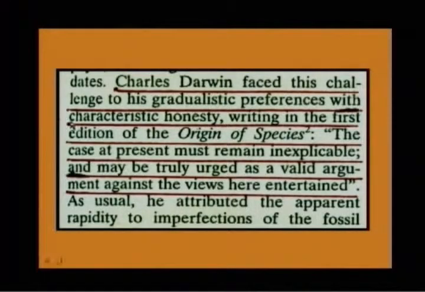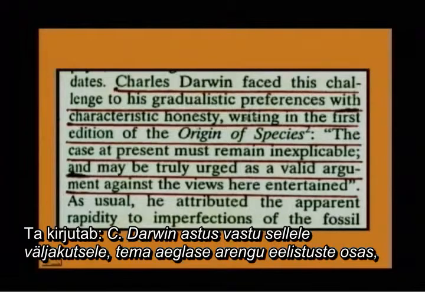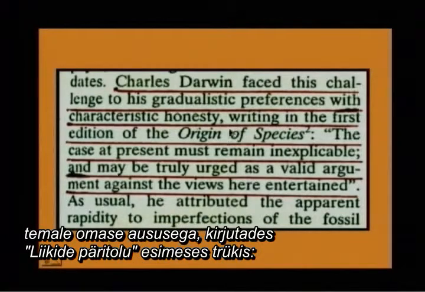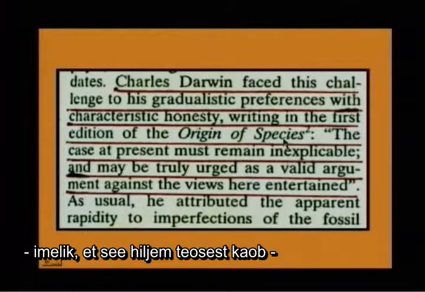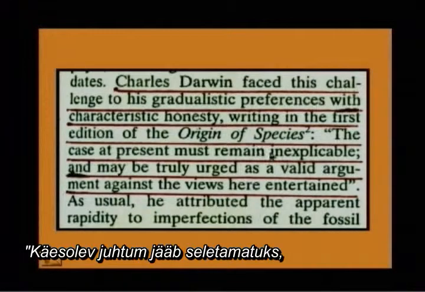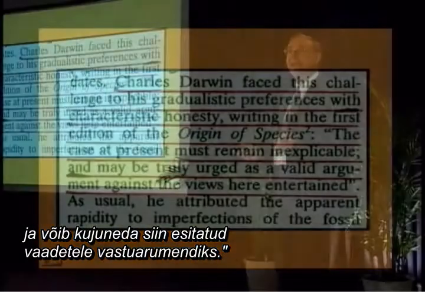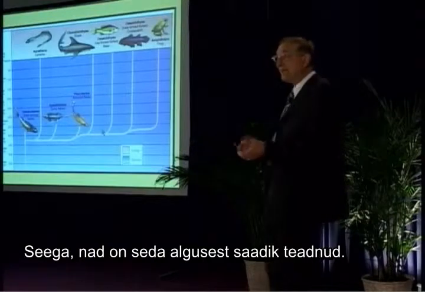No. He writes, Charles Darwin faced this challenge to his gradualistic preference, things change slowly over time, with characteristic honesty, writing in the first edition of Origin of Species, the case at present must remain inexplicable and may be truly urged as a valid argument against the views here entertained. So they've known this from the beginning.